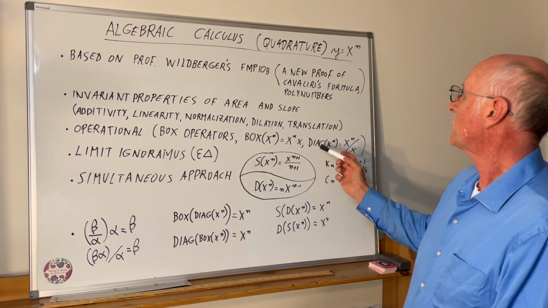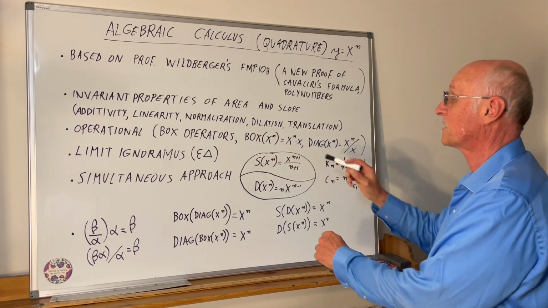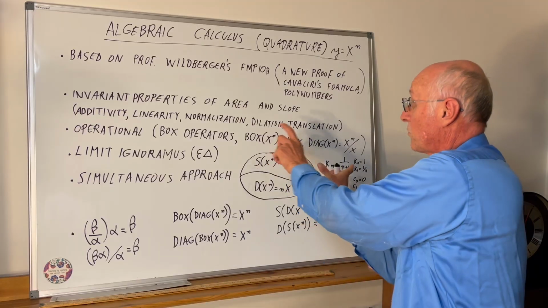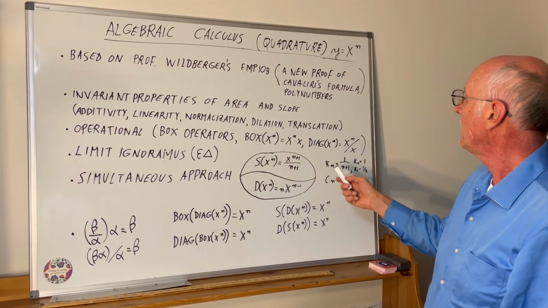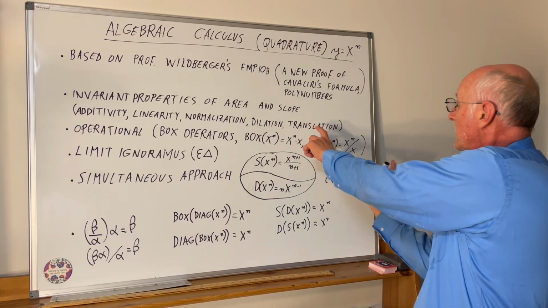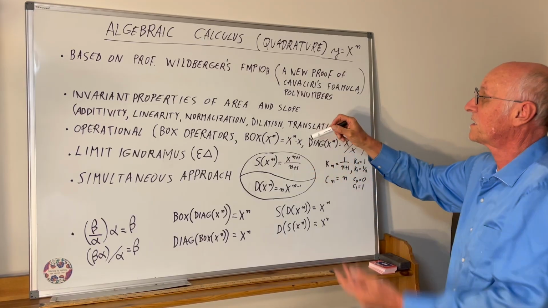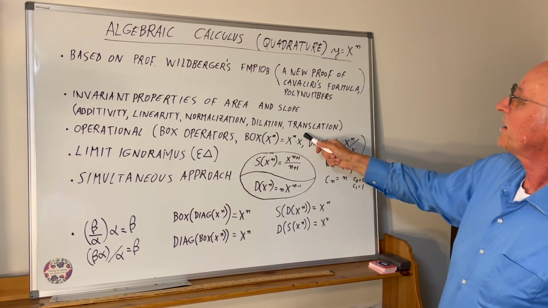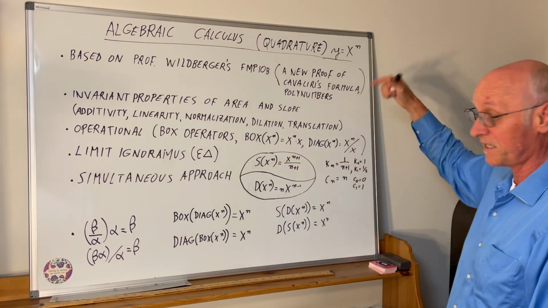So the next step up for multiplication and division is these box and diag operators, right? So the definition of the box of x to the n is simply x to the n times x. That's rise times run. And diag of x to the n, that's a characteristic diagonal, is rise divided by run. X to the n divided by x. Well, simply put, it increases the power by 1 on the box, and diag decreases by 1.